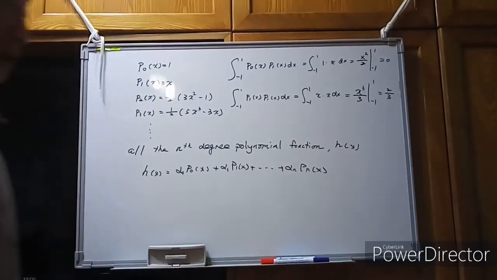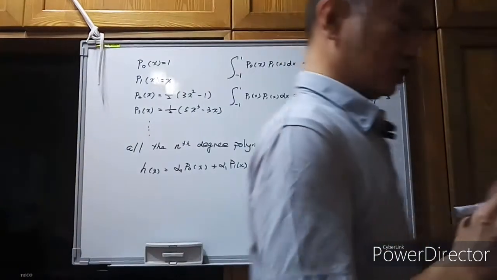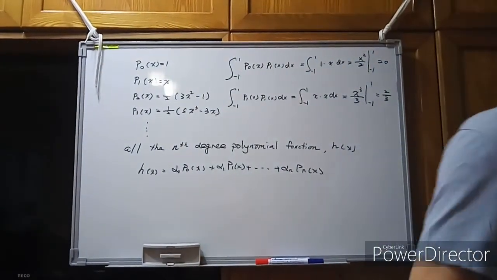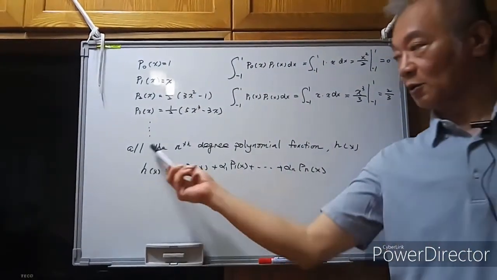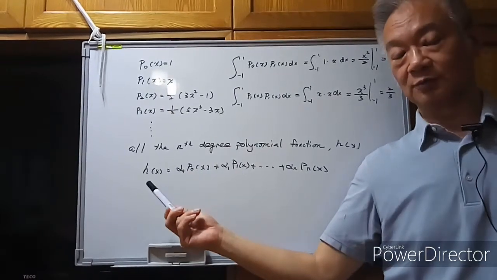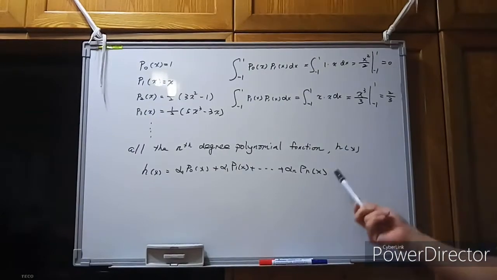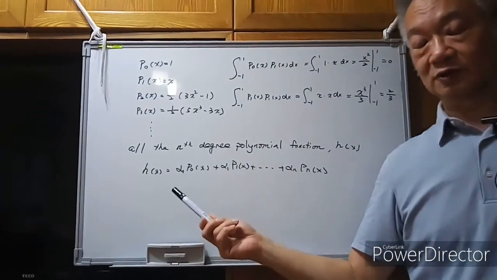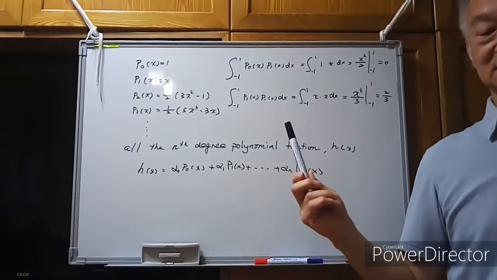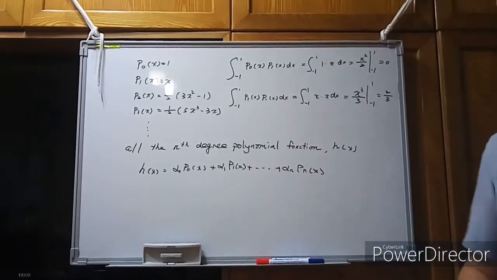It means we can always use the Legendre polynomial functions to express all nth degree polynomial functions. It is a linear combination of the Legendre polynomial functions. You can always get results like this one.